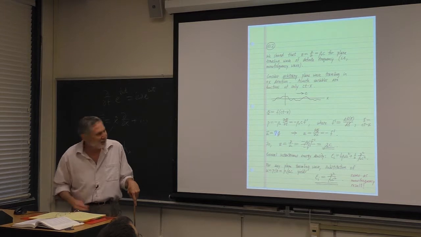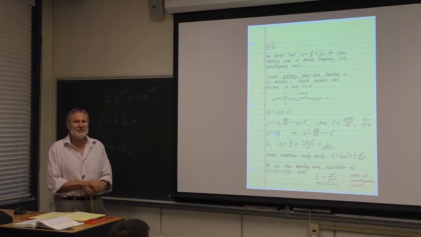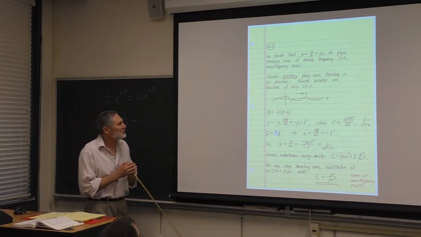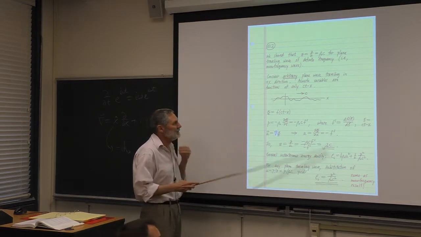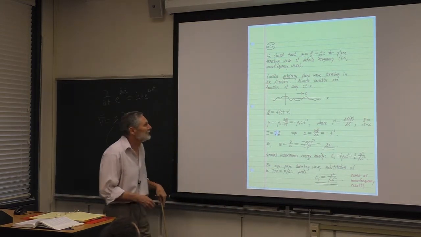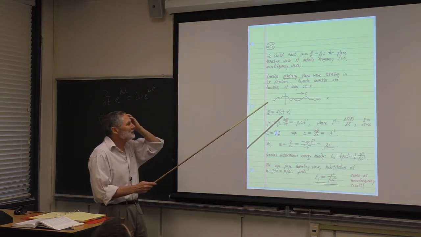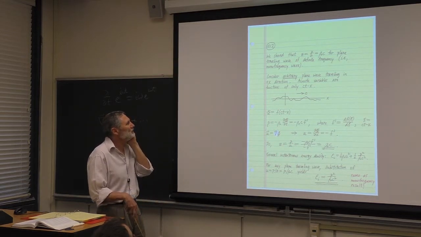So here's this derivation. Let me remind you what I said earlier. I do this every year I teach this course: did we really assume that it was a monofrequency wave?